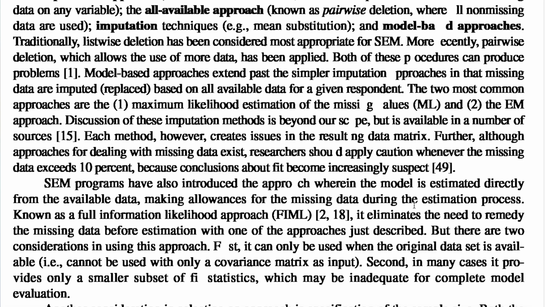Structural equation modeling programs have also introduced an approach where the model is estimated directly from the available data, making allowance for the missing data during the estimation process. Known as full information maximum likelihood, it eliminates the need to remedy the missing data before estimation with one of the approaches just described.